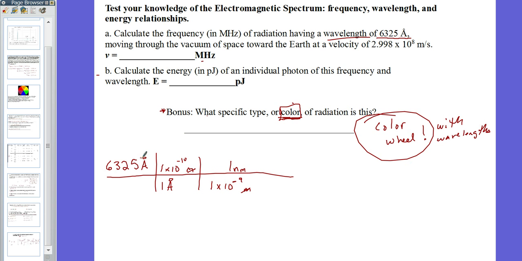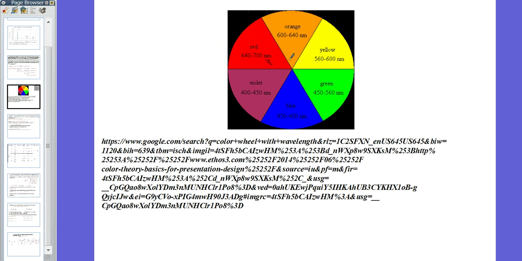When I multiply and divide and cancel out my angstroms and meters, I get about 632.5 nanometers, which is within the visible spectrum, right?